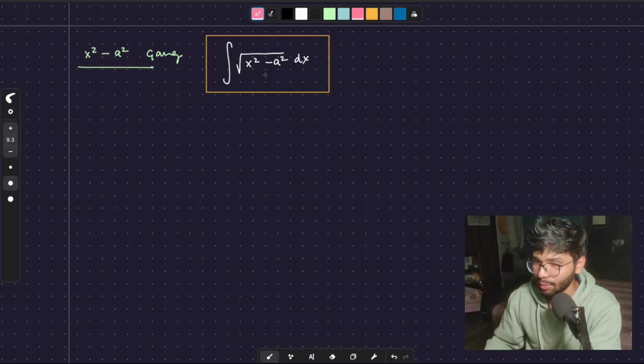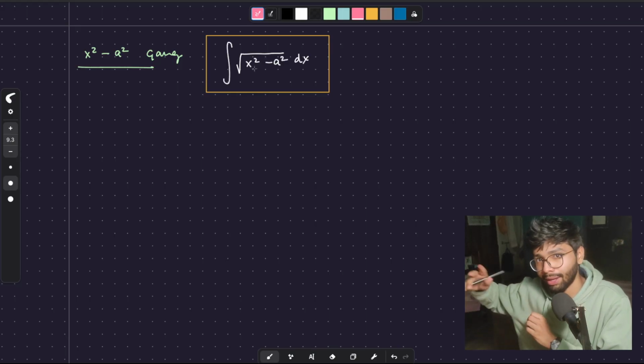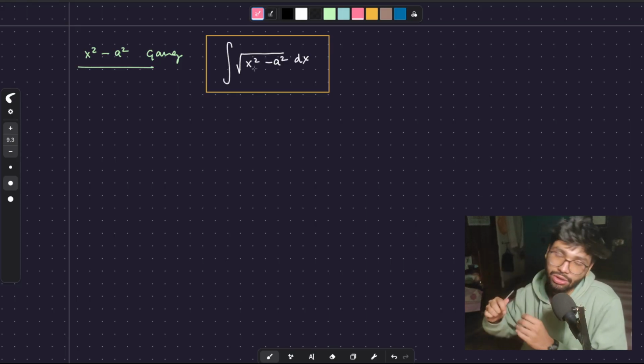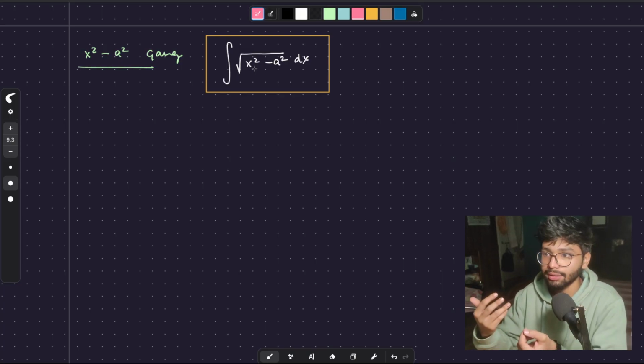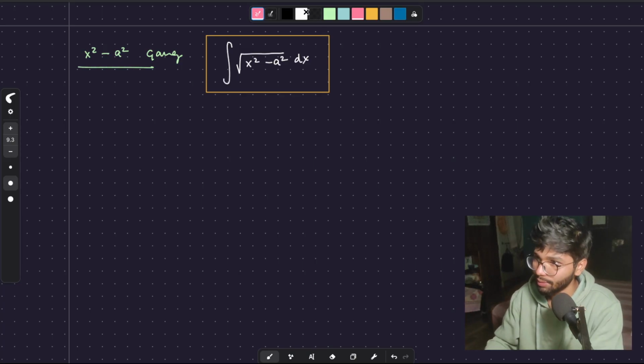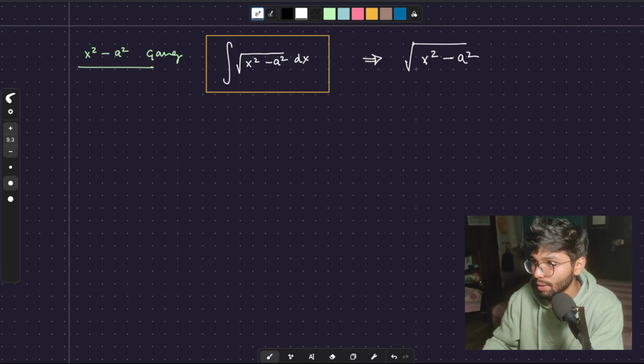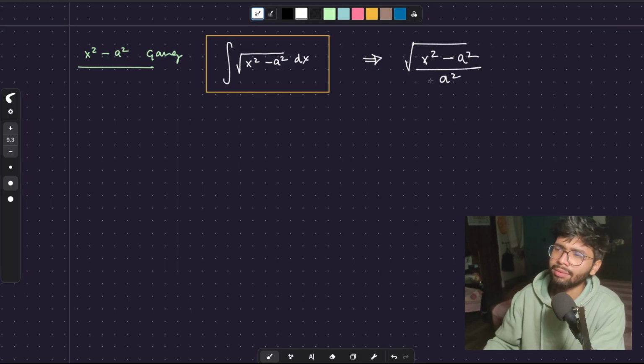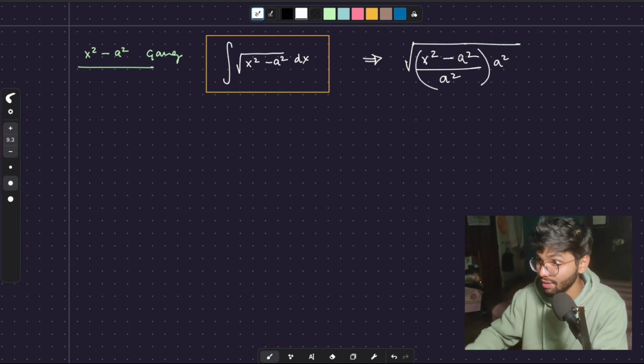So here we know we can divide the whole thing by a squared, and that would give us a simpler looking polynomial. So let's do that first. We're going to focus on the square root. So x squared minus a squared. We're going to divide everything by a squared and multiply everything by a squared, because that will conserve the expression.